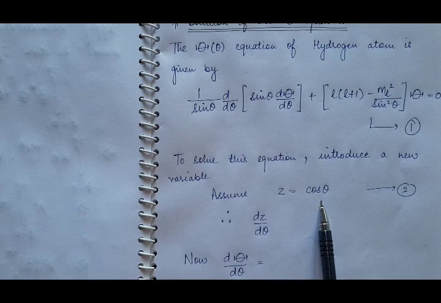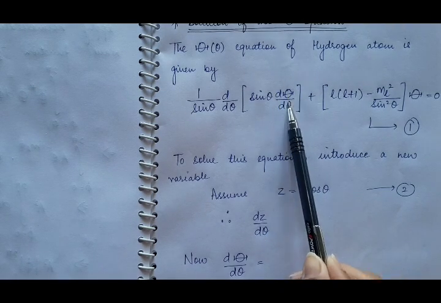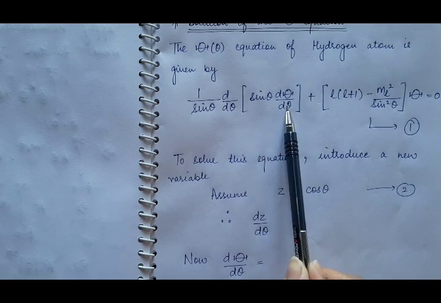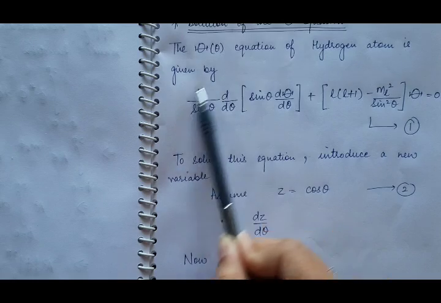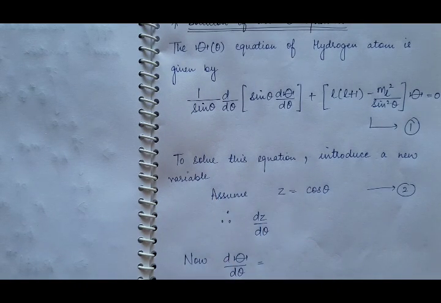Now we will find the value of this, then the value of sin theta into this, then this, and then we will put those values in this equation. So actually we are simplifying this equation to find its solution.